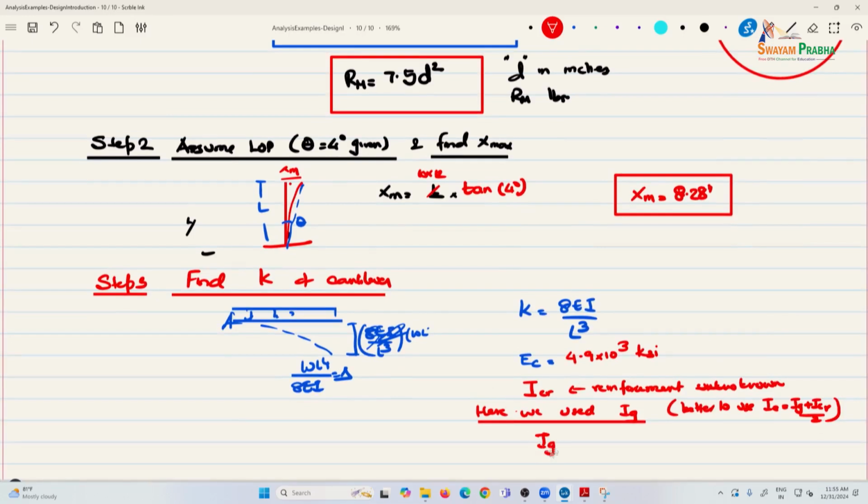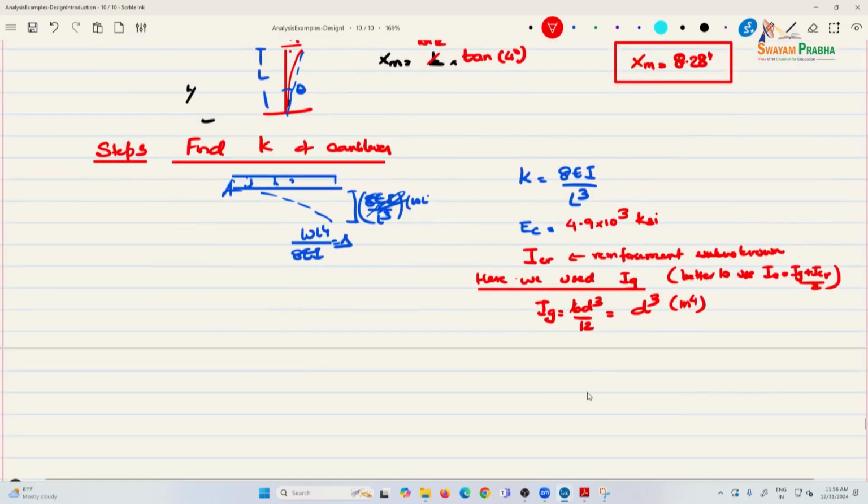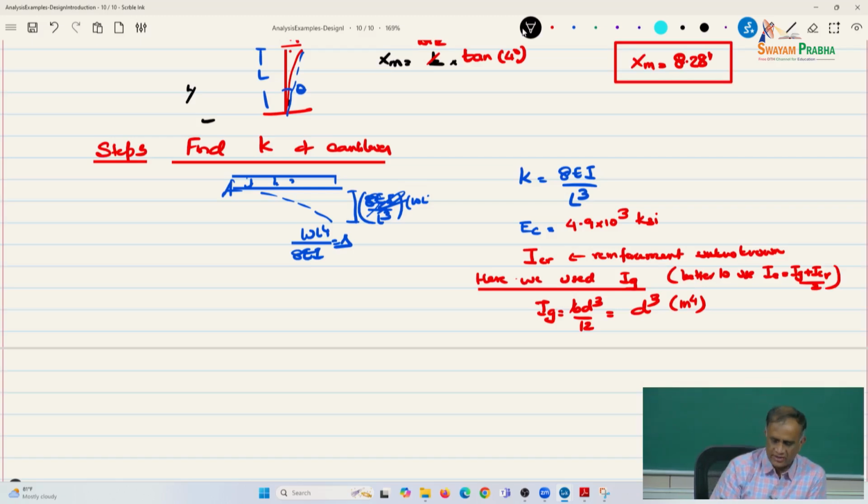So, Ig is BD cubed by 12, which is basically a simplified form. This is D cubed, this is also 12 and 12. So, basically 12 D cubed in inches per 4, making our calculations a little cleaner and simpler, but you can see the effect of it can change.